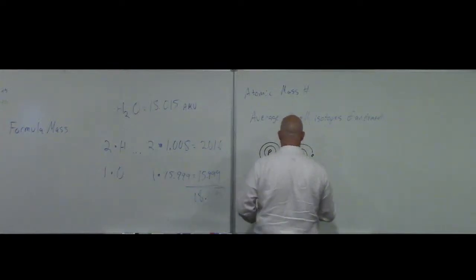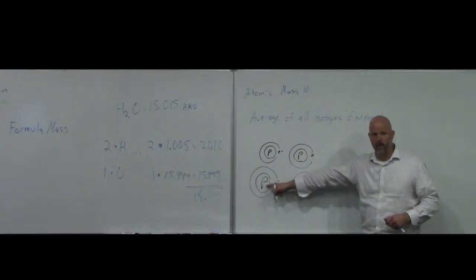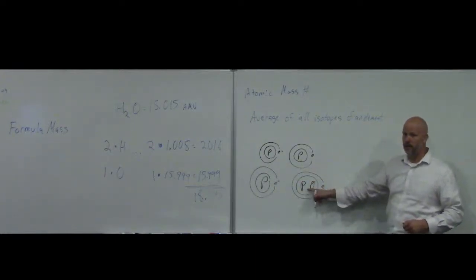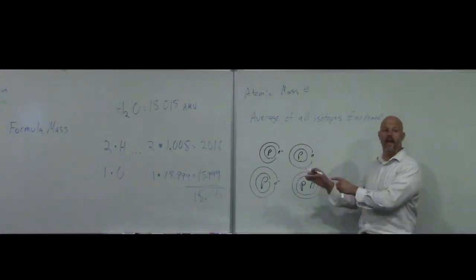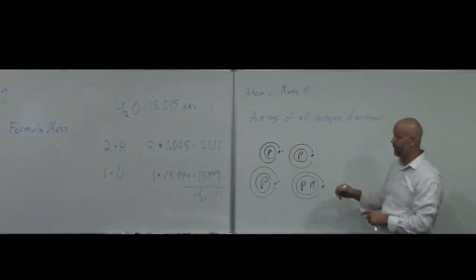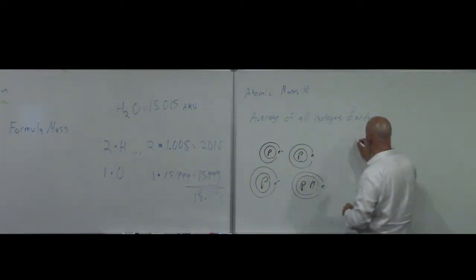This is called deuterium. What's the atomic mass of this one? 1. This one? 1. This one? 1. This one? 2. So in this sample, if I were to weigh it out, how many AMU would this be? 5. So this is 5 AMU.